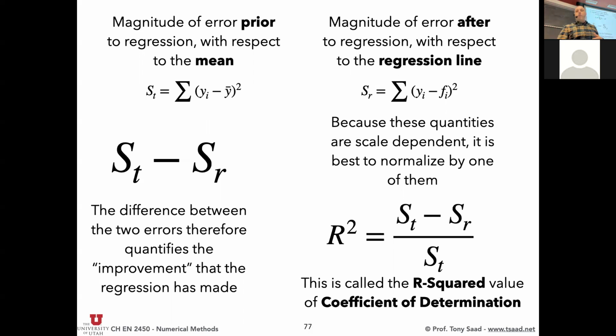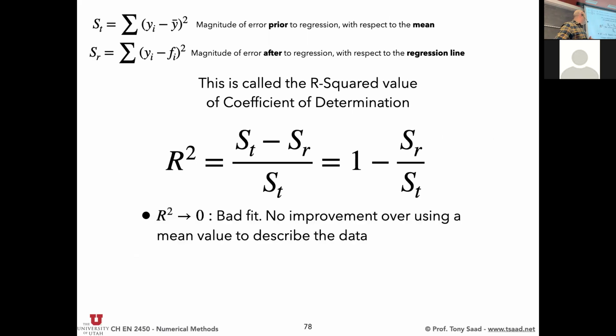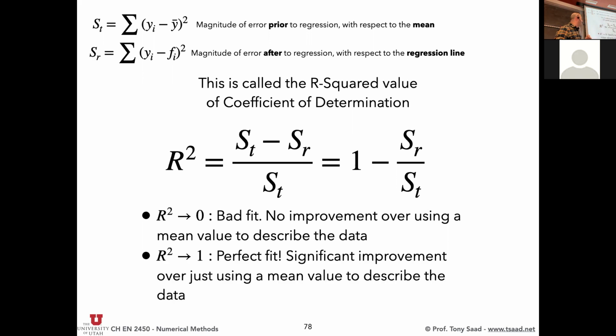So now we can say when R-squared is equal to 0, or close to 0, then you have a bad fit. In other words, ST and SR are comparable. You have not improved over using the mean value as a model for your data, okay? However, if SR is much smaller than ST, then your R-squared value approaches 1, because you've reduced your error significantly. So you can look at it either on this formula or this formula.